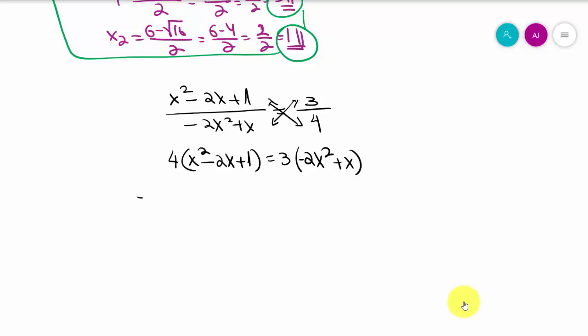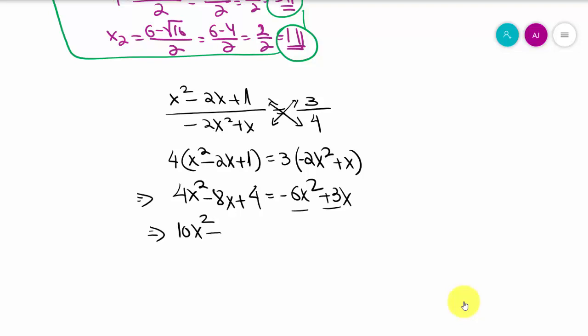From here, 4x squared minus 8x plus 4 is equal to minus 6x squared plus 3x. Moving these two terms to the left hand side, it becomes 10x squared minus 11x plus 4 equals 0, a quadratic equation, the solution of which I give as homework.